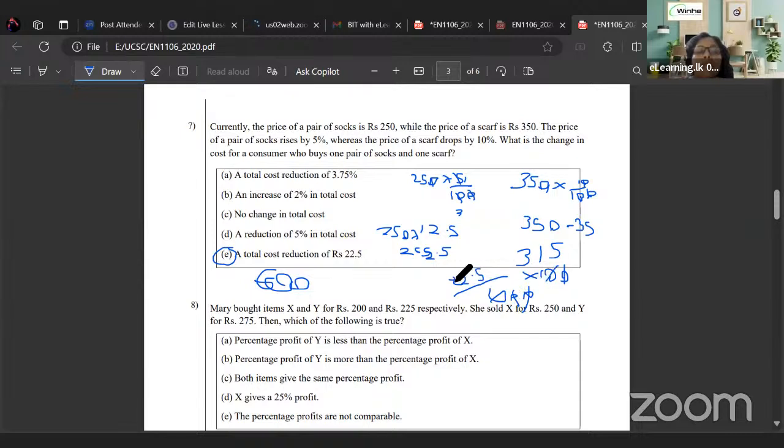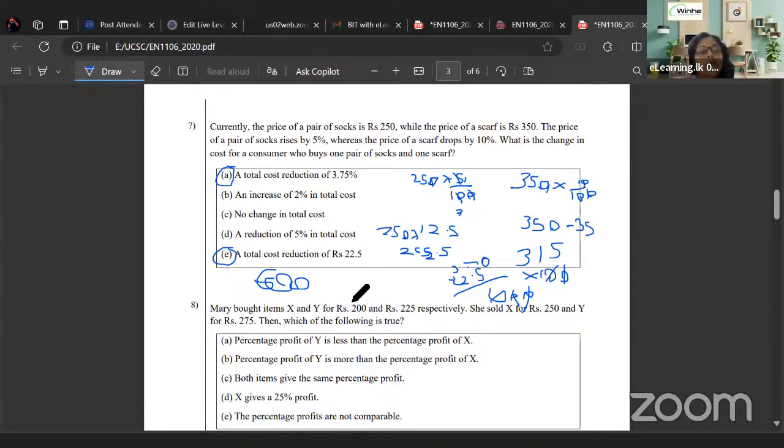Then 3.75, right? The percentage of reduction, not the value, just the reduction is 3.75. Therefore, there are two answers for question number 7, A and E.